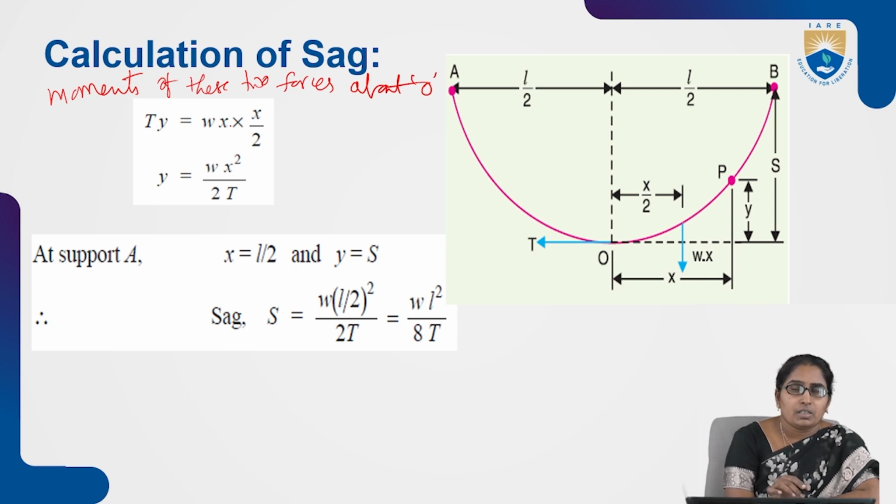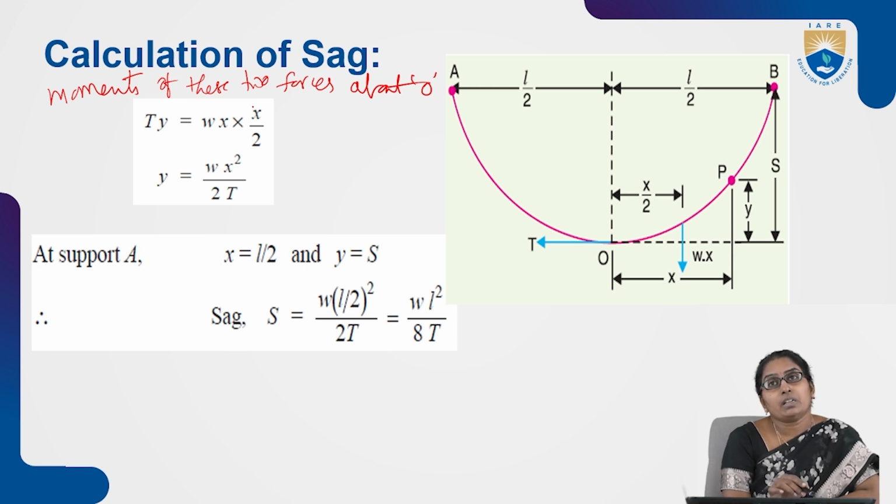Next, the moment of the weight of the conductor is Wx, and its horizontal distance is x by 2. Both are equated: Ty is equal to Wx into x by 2. So the expression for y is y equal to Wx square by 2T.